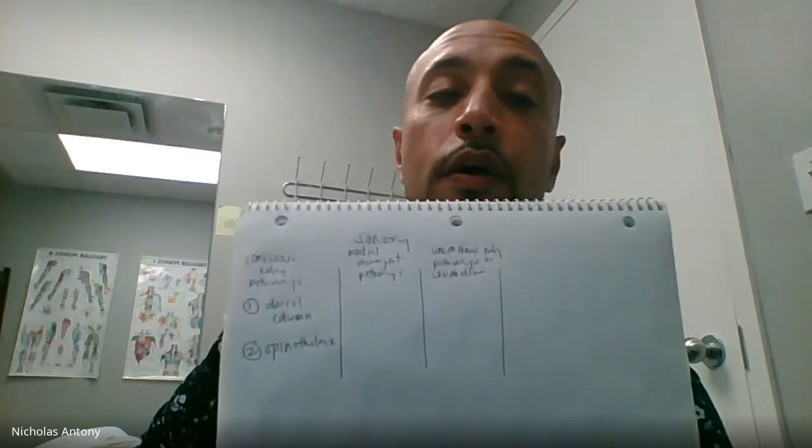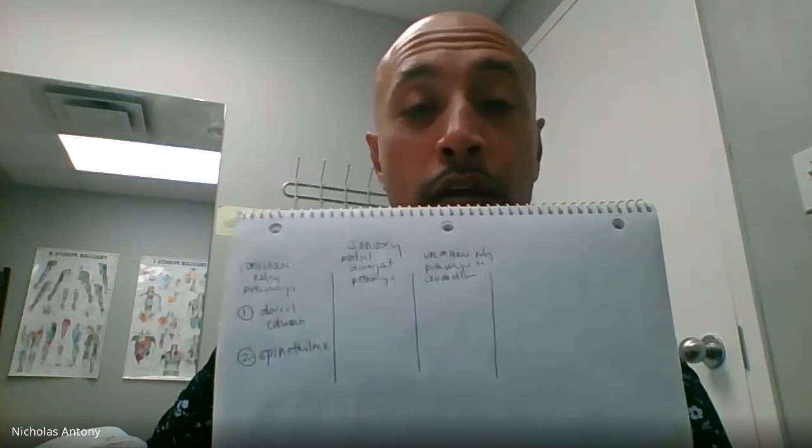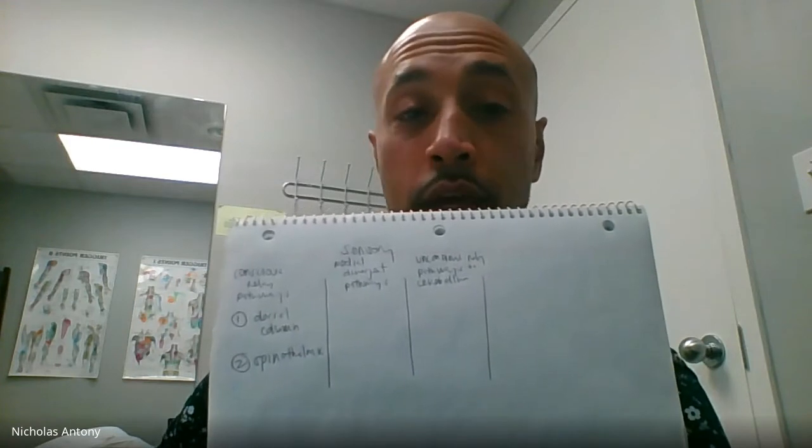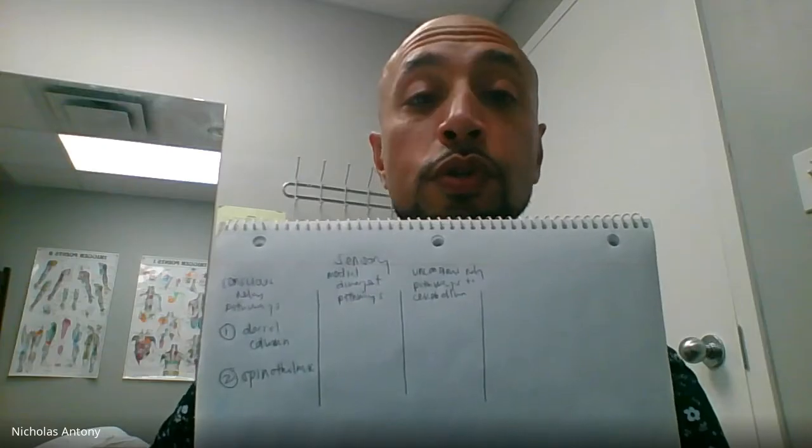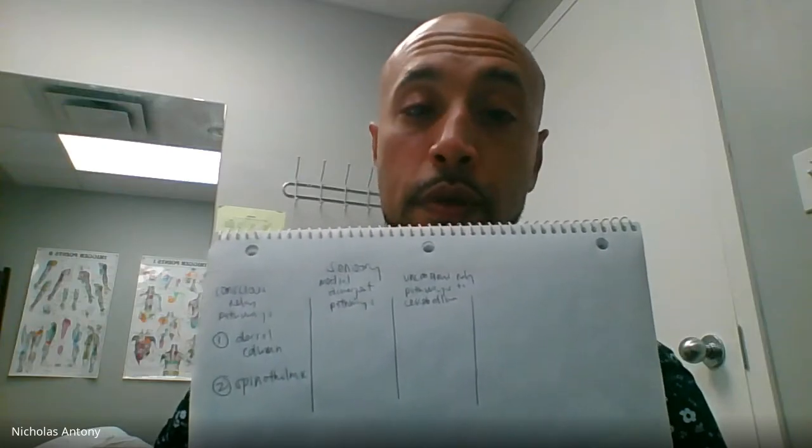Yes, I see. Matt, okay, you can see them? Where is the dorsal column located? Dorsal means the back, so it's located at the back.